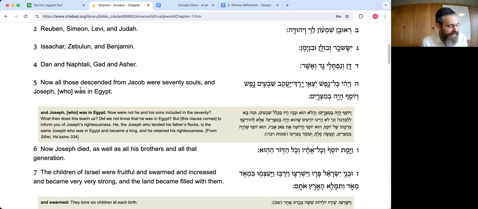It talks about all the persons coming with Jacob to Egypt, his own descendants, aside from his wives, the wives of Jacob's sons, 66 persons in all. And Joseph's sons who were born to him in Egypt numbered 2 persons. All the people of Jacob's household who came to Egypt, 70.